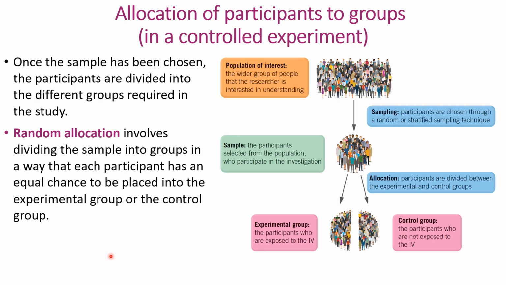If we're doing that randomly, everyone's got an equal chance of being in either group, as opposed to if we did it non-randomly, which might be based on surnames. A to M, you're in the control group. N to Z, you're in the experimental group. That would be non-random because we're not giving everyone an equal chance.